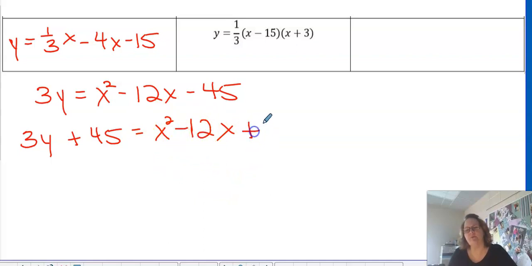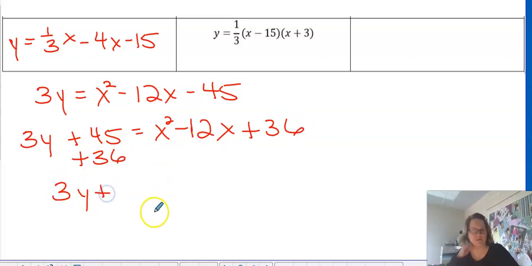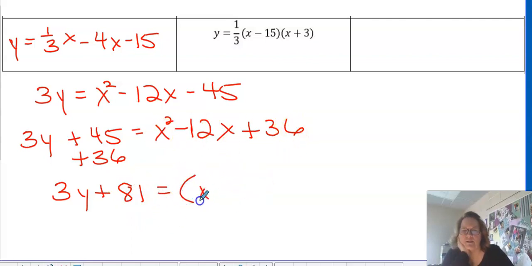Square that, that's plus 36, which means I have to add 36 over here as well. 3y plus, what is that, 81? And then I can go ahead and factor this. That's going to be x minus 6 quantity squared.